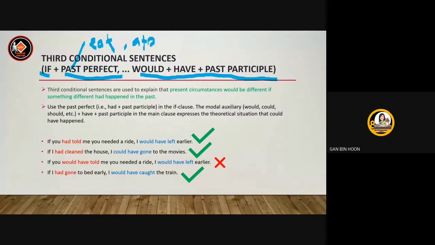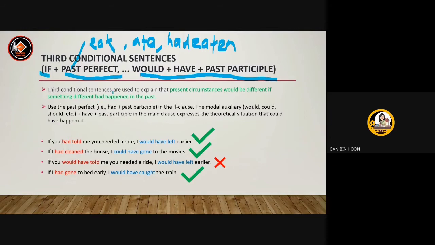Past perfect or past participle teacher, kena ada had. Wajib ada had. Had eaten. Wah, teachers makin susah. Yes. That is English grammar. The more rules you have, kalau ada 11 rules, it become harder and harder.